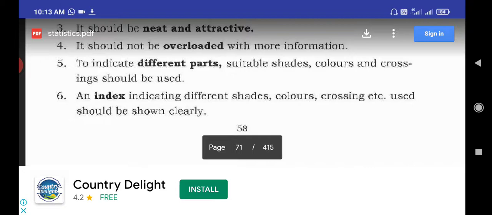Indexes mean which color we are using for what type of information. We have to mention below the graph or diagram which shade we are using for which purpose or information.